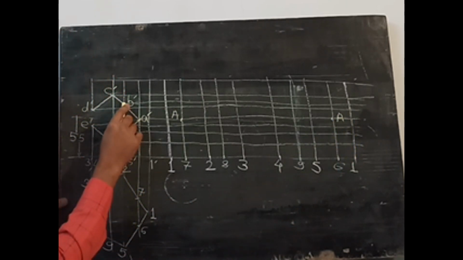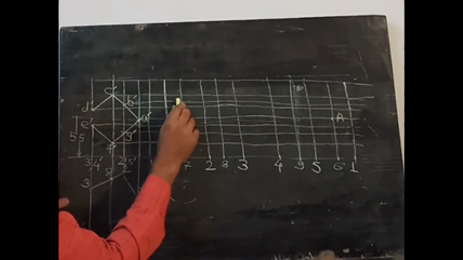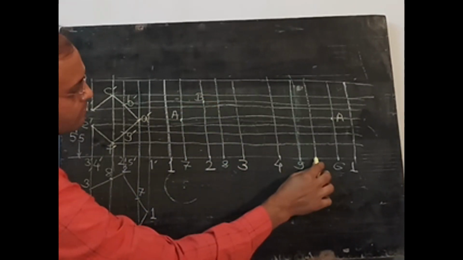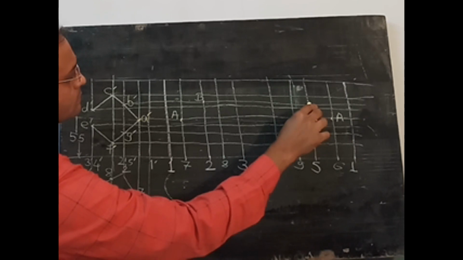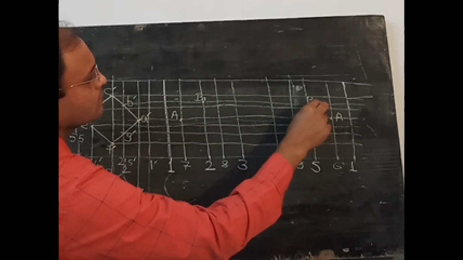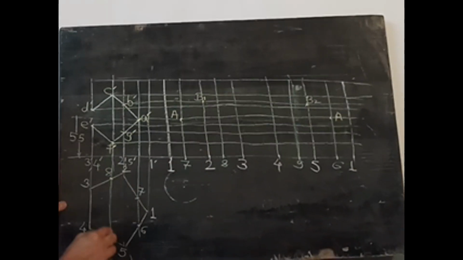Then say point B. B is on 2 and 5. B is on regular edges 2 and 5. So wherever this intersects 2, this is B, and again on 5. So these are 2 points, say B1 and B2. Then C on edges 8 and 9.